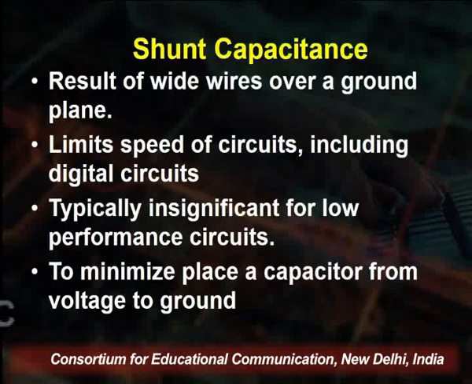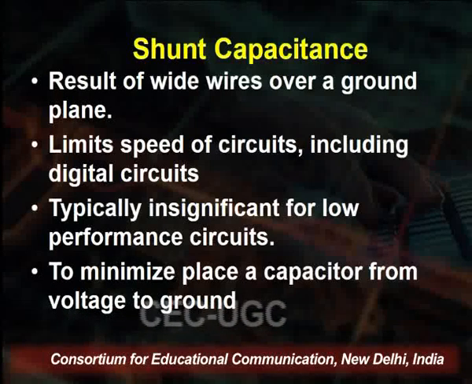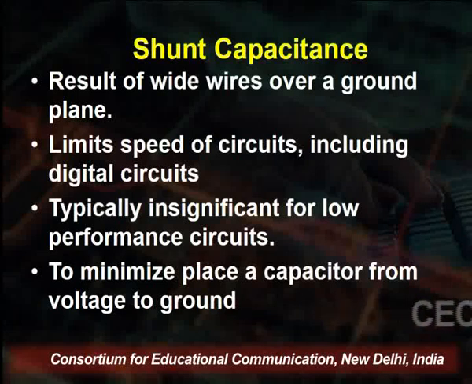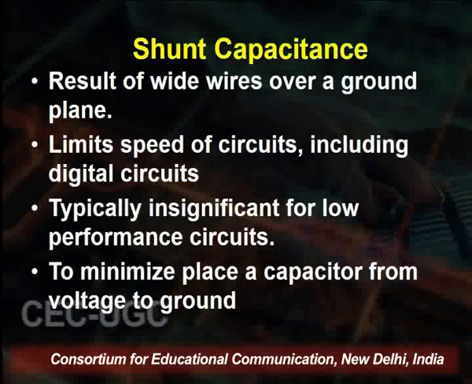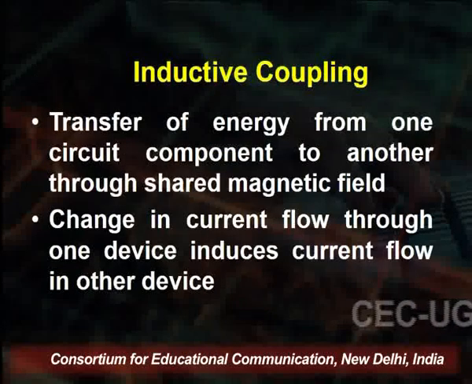Next is the shunt capacitance. It results from wide wires over ground planes and limits the speed of the circuit, including digital circuits. For low performance circuits, at minimum a capacitor is placed from the voltage to the ground.